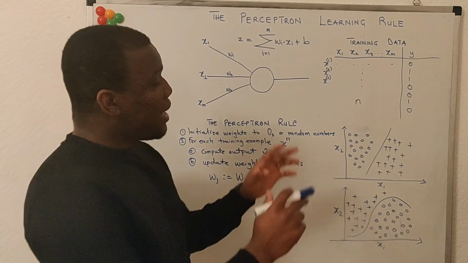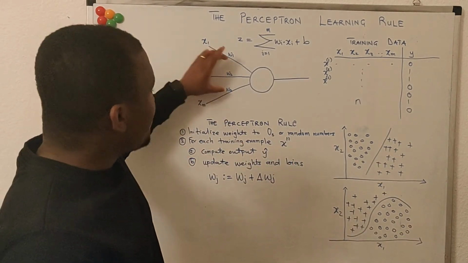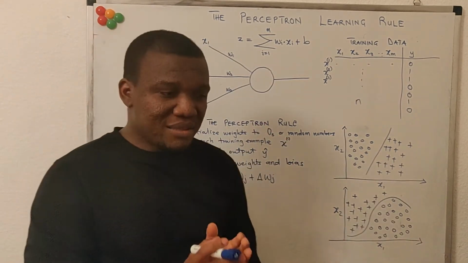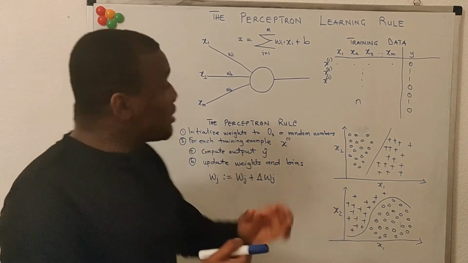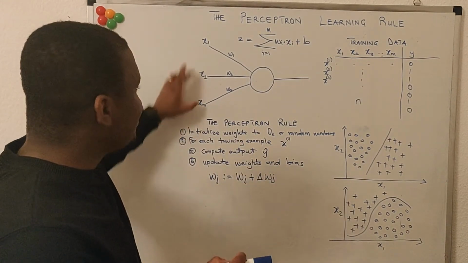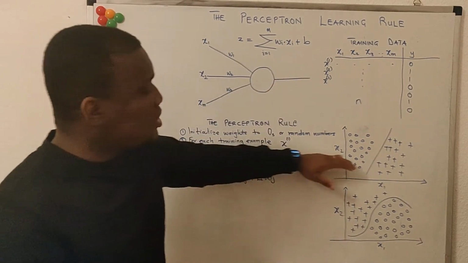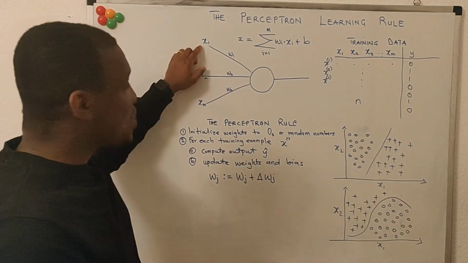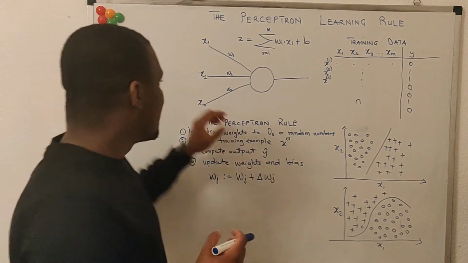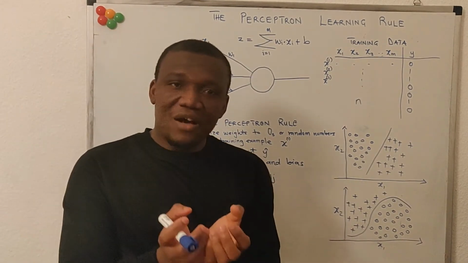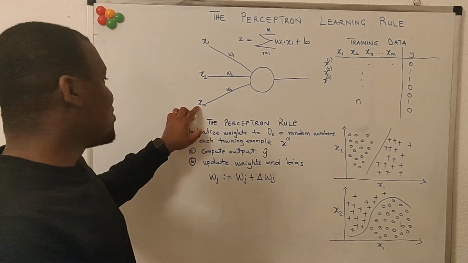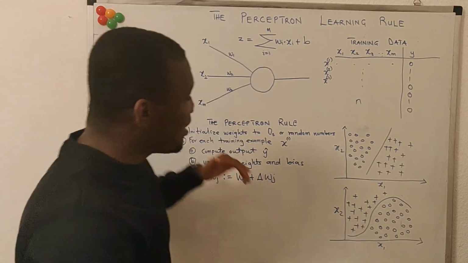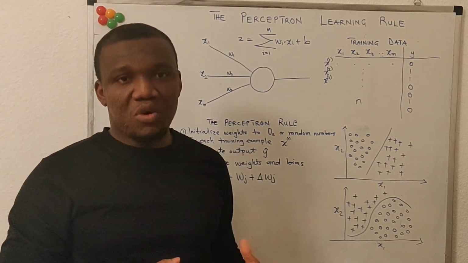Okay, now the whole idea is we train a perceptron to automatically learn weights, and the weights here are simply the representation of how important each of these features are to the output. So for example, in our cancer example here, we will assume that x1 could be the size of a tumor, x2 could be the texture of the tumor, and x3, I use xn because it could be very large, but let's assume this is x3, could be the age of the tumor.